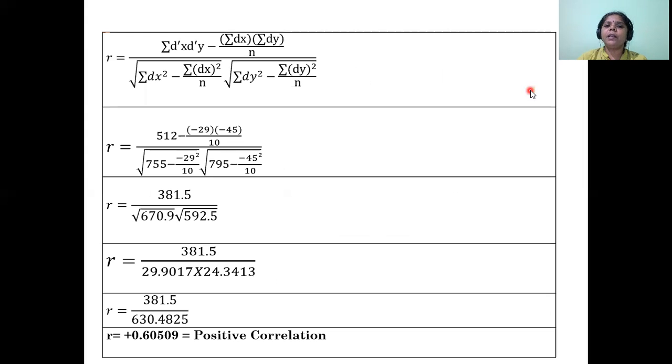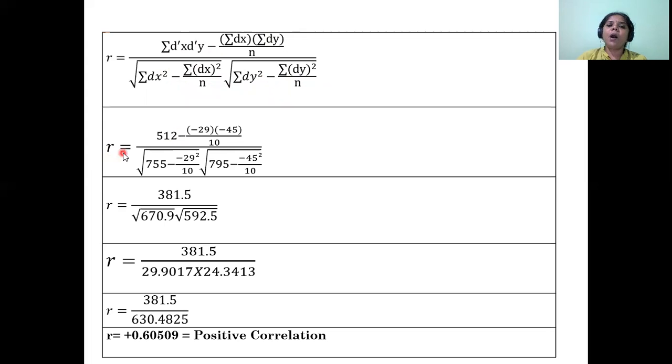So what we will get? See here. R is equal to sigma dx dy minus sigma dx into sigma dy divided by n, divided by root of sigma dx square minus sigma dx whole square divided by n, into root of sigma dy square minus sigma dy whole square divided by n. This is the formula for calculating the correlation coefficient.